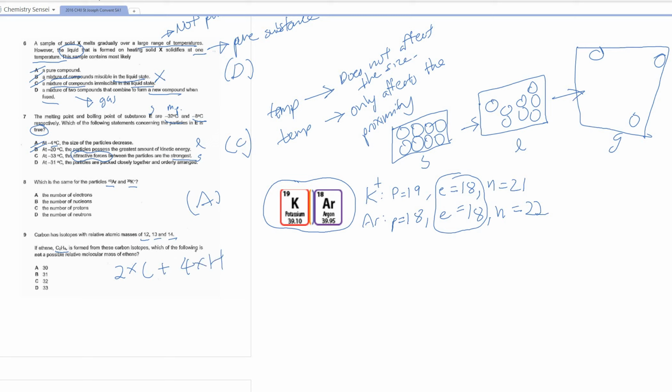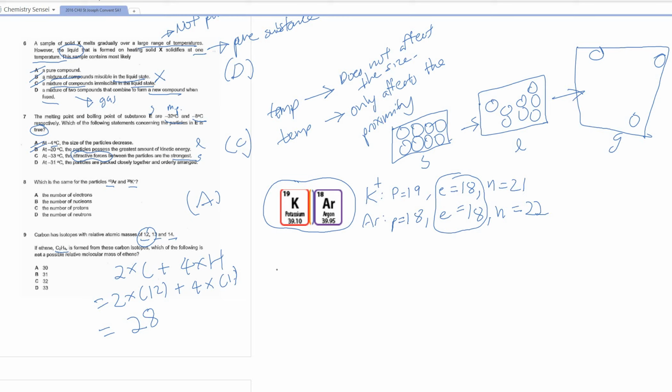The lowest mass it could be is using the carbon 12. So we have 2 times 12 plus 4 times 1, because hydrogen has the atomic mass of 1. Once we've calculated, we realize that the lowest molecular mass of ethene is 28.